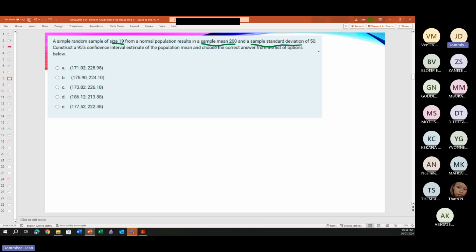Okay, so again, we're working with samples. This one will be exactly the same as the one we did previously. We will just need to get a new value for T. So the degrees of freedom is n minus 1, so it is 19 minus 1, which is 18.